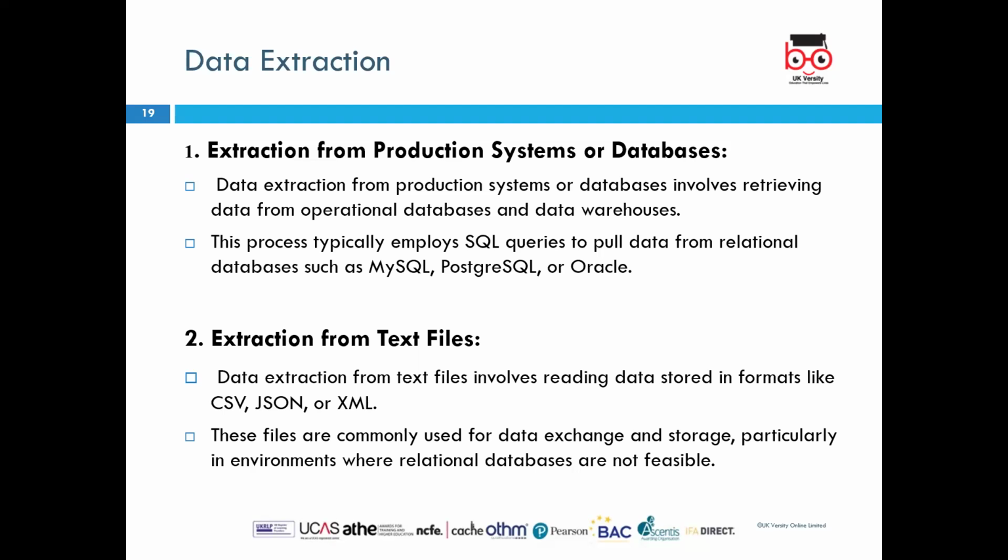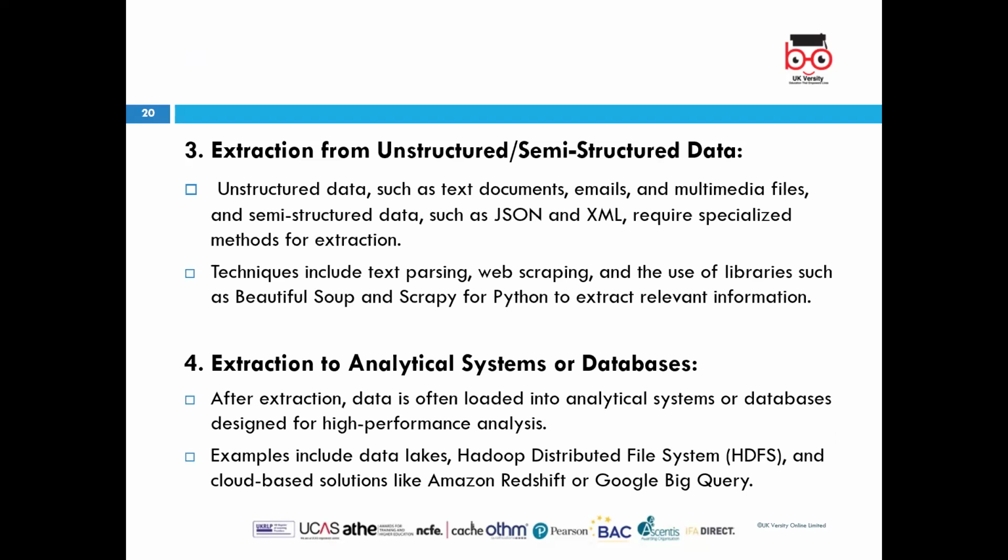These are mainly used for data exchange and storage, and also particularly in environments where relational databases are not feasible. Also, we can extract data from unstructured or semi-structured data.